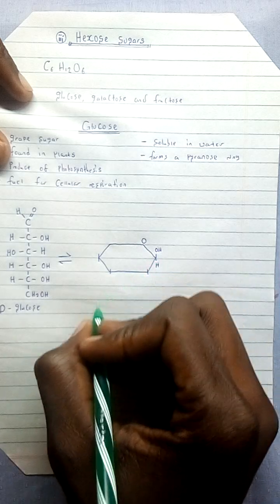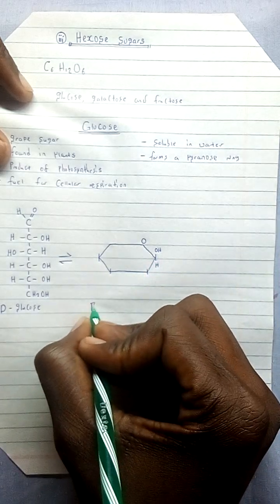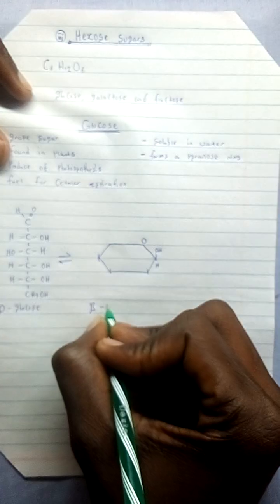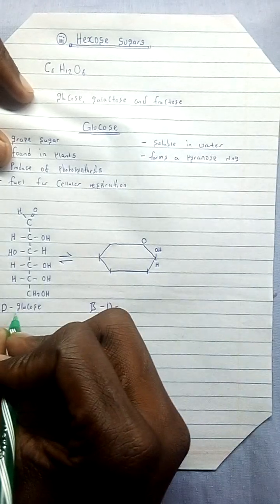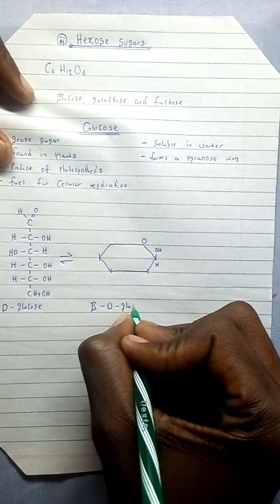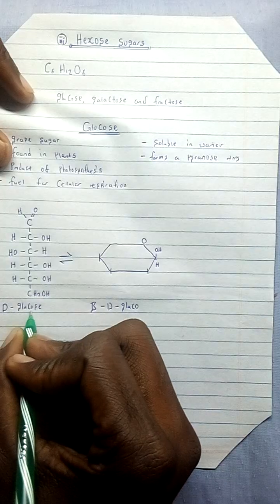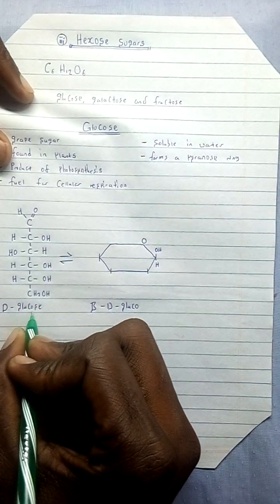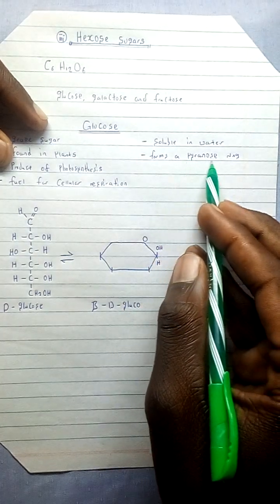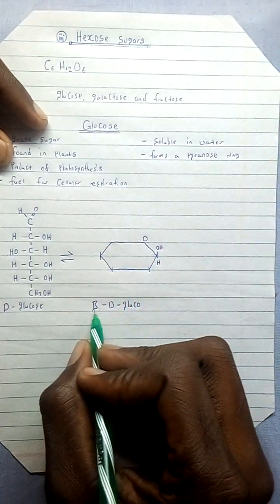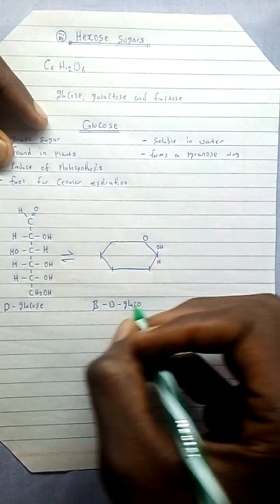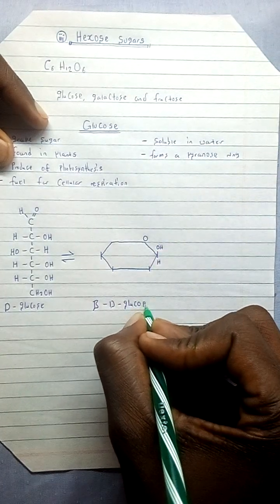Well, it will be beta-D-gluco, from glucose. What type of ring is this? Pyranose. So it will be beta-D-glucopyranose.